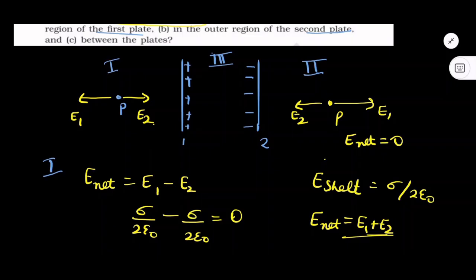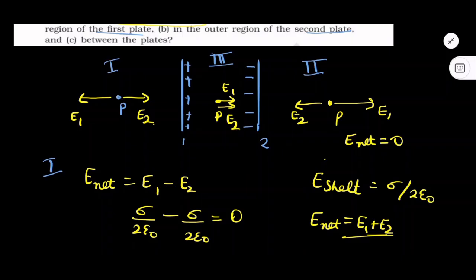For the third region, let us say now we have a point P over here. Wherever they ask you to find the electric field, just put the point there and find the directions of the electric field. For the plate 1 the electric field will be in this direction, which will be E1, and for the plate 2 it will be in the same direction as E1, so it will be E2.